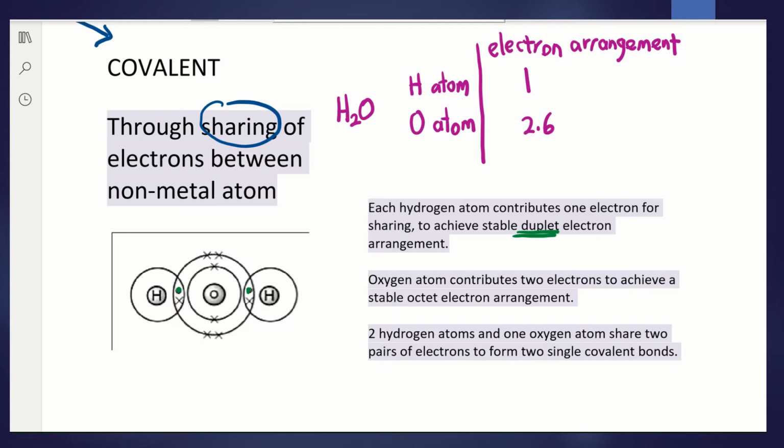Oxygen atom will contribute 2 electrons, shown in the cross, to achieve a stable octet electron arrangement. So 2 hydrogen atoms and 1 oxygen atom share 2 pairs of electrons to form 2 single covalent bonds.